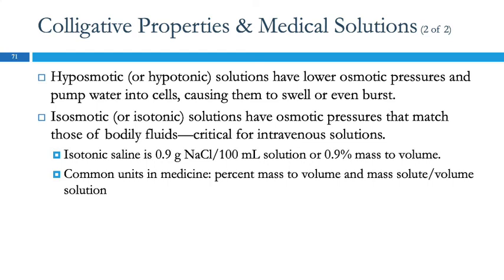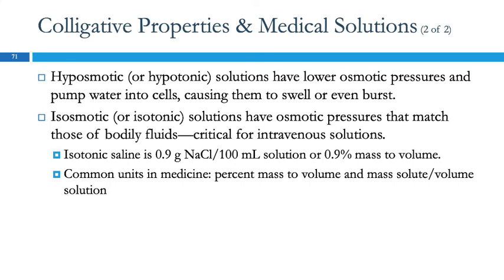Okay, so if you're going to make an isotonic saline solution, I'm going to measure out 0.9 grams of sodium chloride, and I'm going to put it in a flask, and I'm going to add water until I get to 100 milliliters, right? Instead of trying to weigh the solution as I add water, that's trickier. And measuring the volume of solid sodium chloride doesn't make any sense.